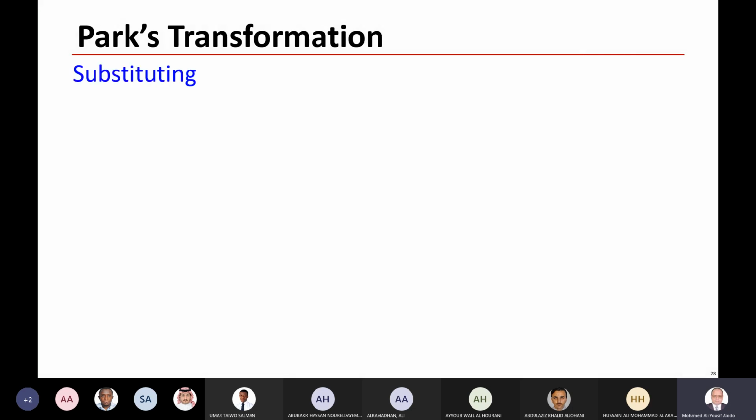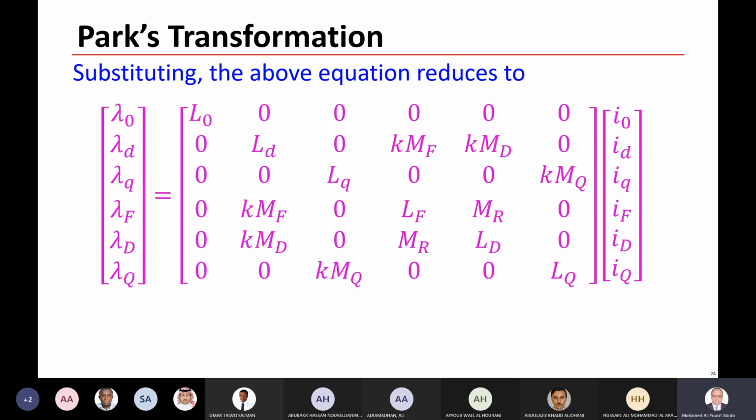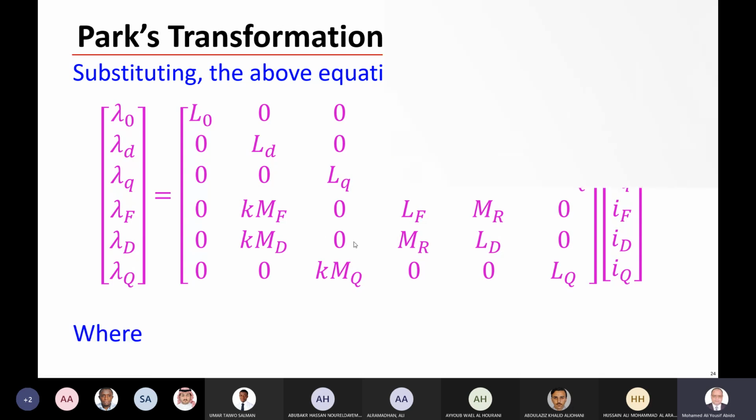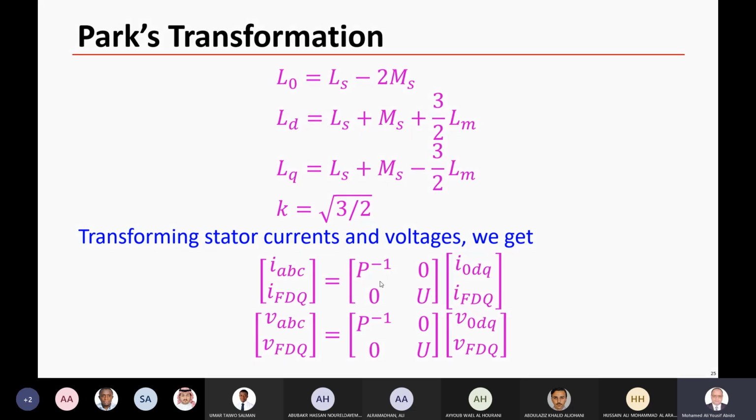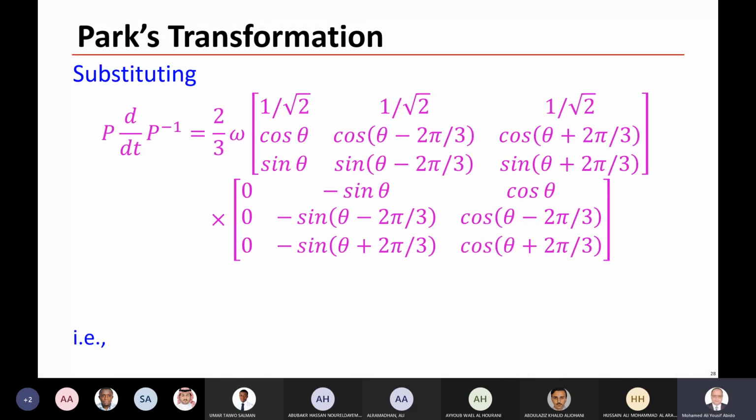The relation of the current and the voltage and the flux linkage is given in this equation. So you have the current model. Current becomes the states.